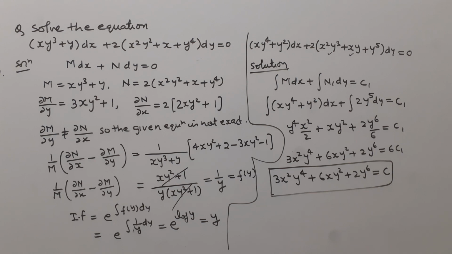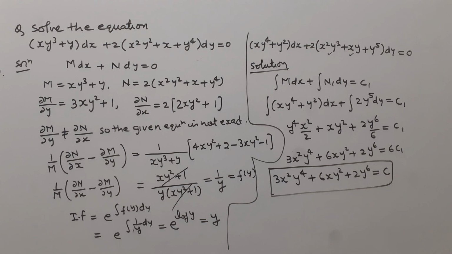So when we multiply the given differential equation by y, we get (xy^4 + y^2) dx + (2x^2y^3 + xy + y^5) dy = 0. Now this equation is exact.